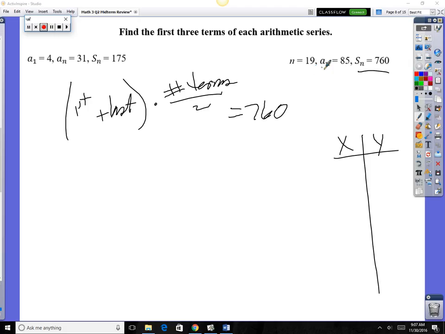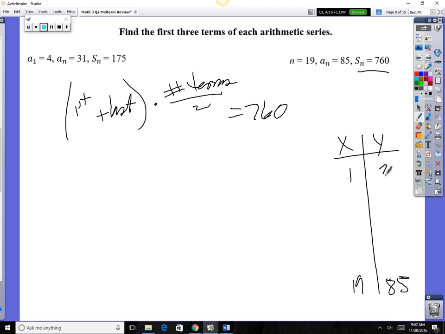So here we go. They give you n is the last one. So the 19th one is going to give you 85. There's 19 numbers in that sequence, and the 19th one happens to be 85.